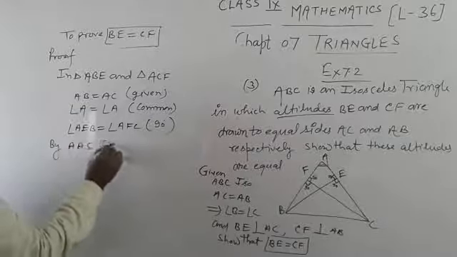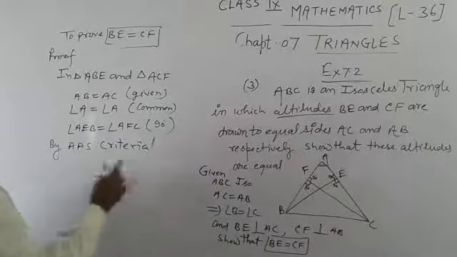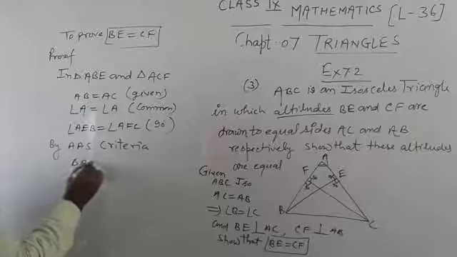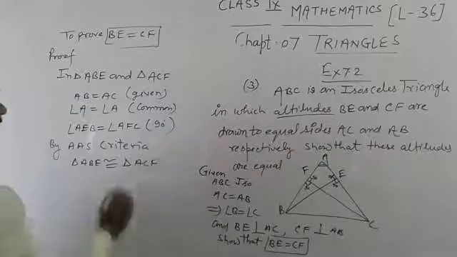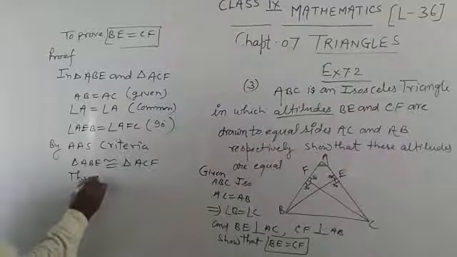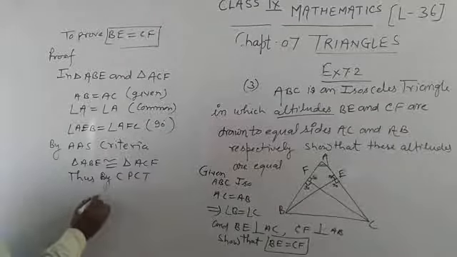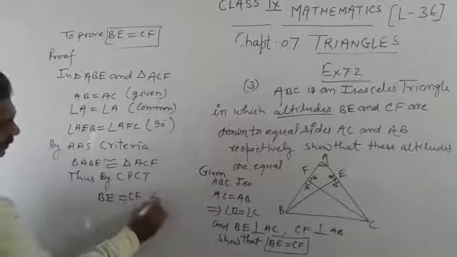AAS criteria, students, we have proved that triangle ABE is congruent to triangle ACF. Okay, thus by CPCT, BE is equal to CF, proved.